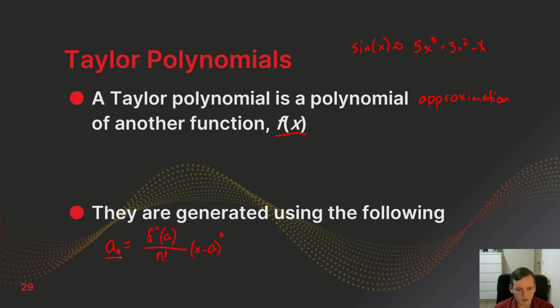So the nth term in the polynomial is the nth derivative at a divided by n factorial times x minus a to the n power. So if we wanted the fifth term, you'd replace all these n's with 5s and so on and so forth.